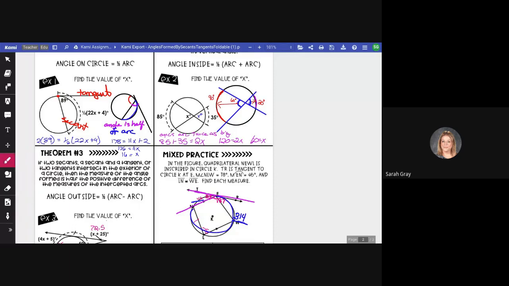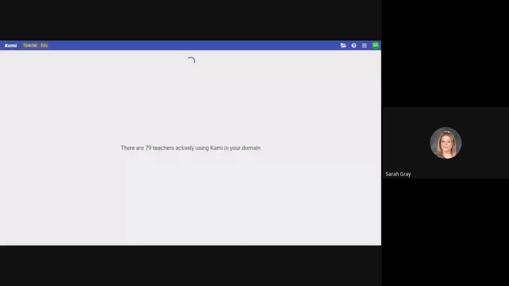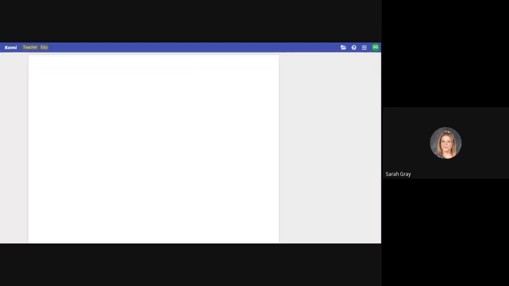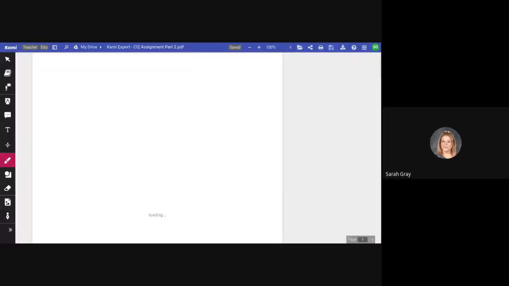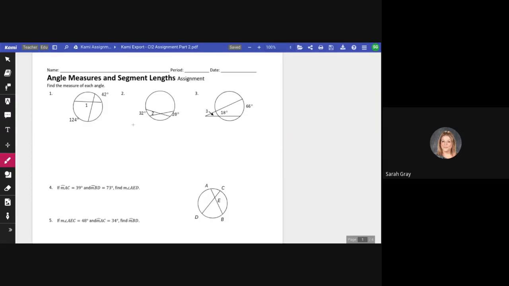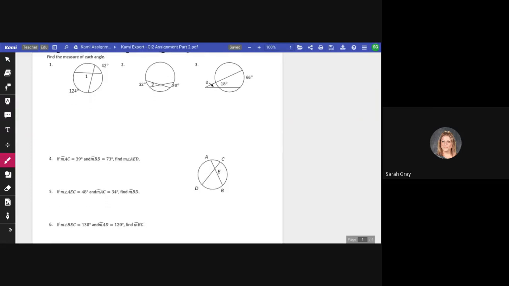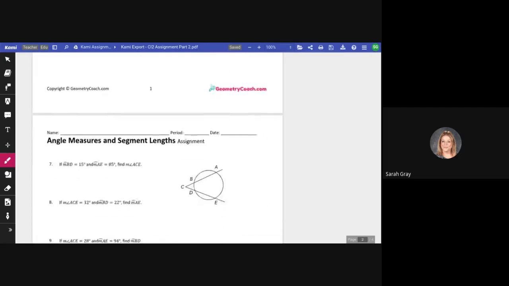Okay. You have an assignment in your Google Classroom. CI2 assignment part 2, you can do half of it. Okay, so page 1 is totally doable now.